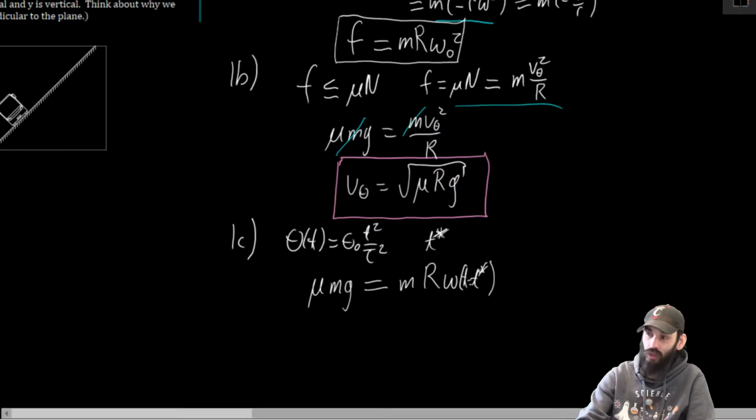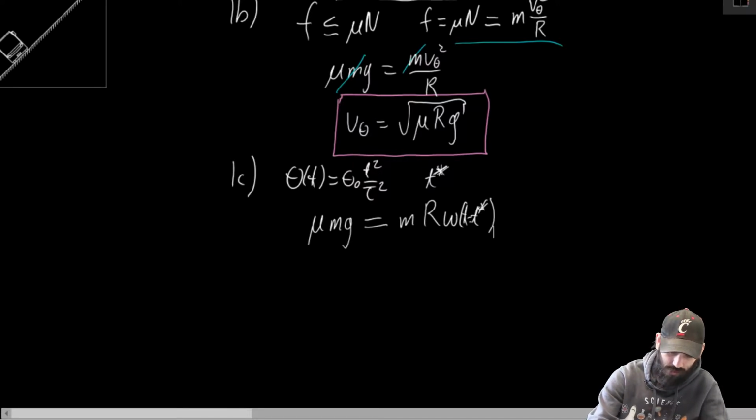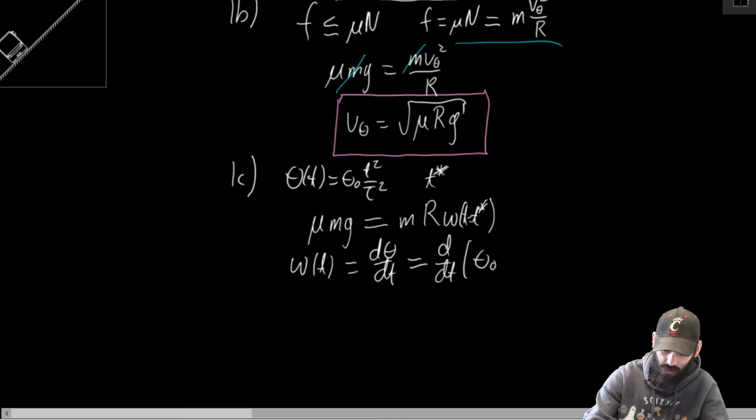So now that we're looking at this equation, what we need to do is determine what omega of t is. In order to do that, we say that omega of t, by definition, is just going to be equal to d theta dt. In this case, per the function that I gave you, this is d by dt of theta 0 t squared over tau squared. So we can take a time derivative of this. This is going to give us 2 theta 0 times t divided by tau squared.